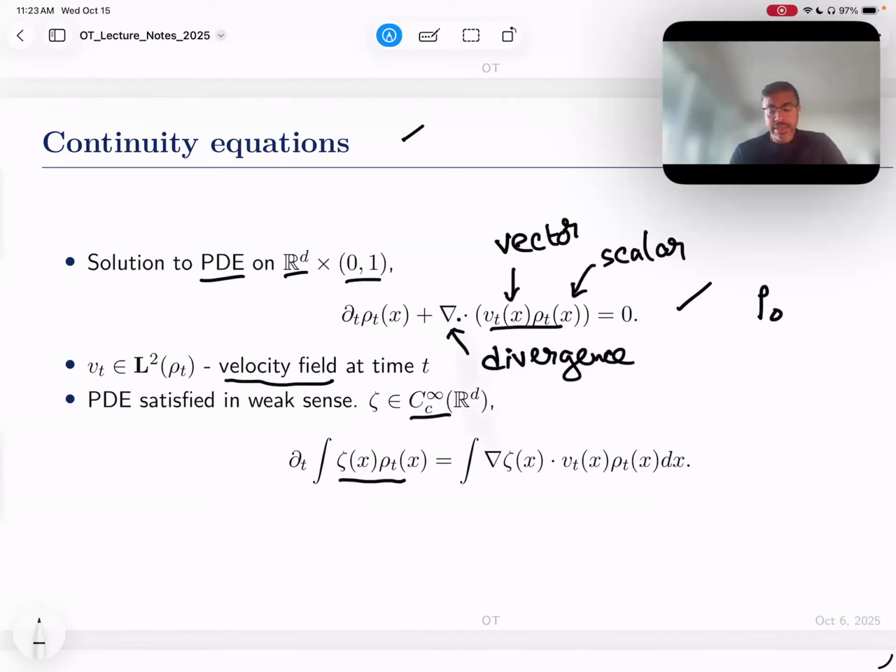And when you do an integration by parts, this becomes the integral of the gradient of zeta of x, V t of x, rho t of x dx. And this should hold in the sense of distributions on the interval 0, 1. So it doesn't have to have an exact derivative at every point, but almost everywhere.